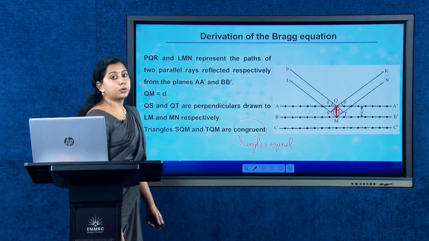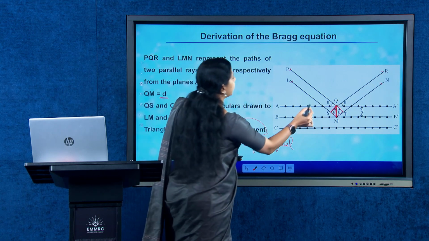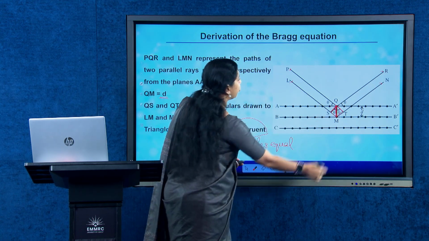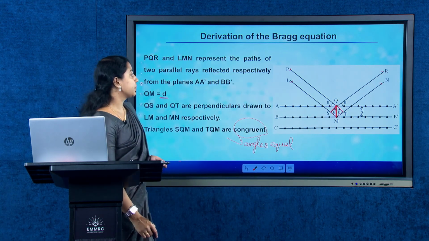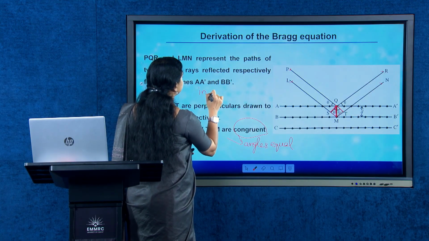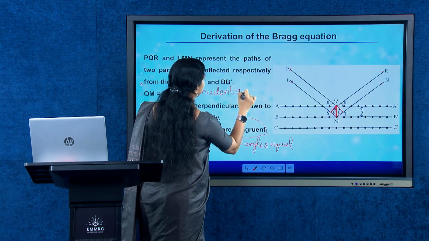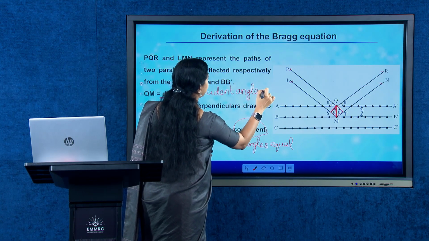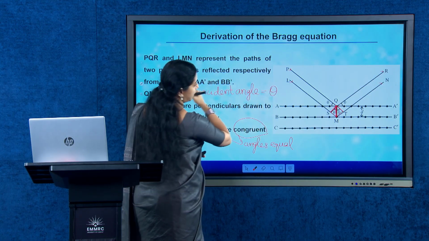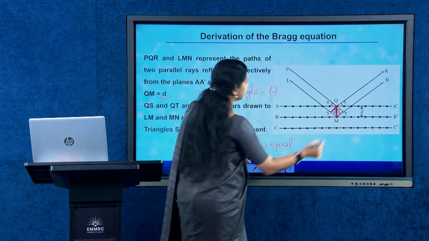So, they are called congruent triangles. Okay. Now, when the X-rays fall on the crystal surface, we can see that the incident angle is equal to theta, and that theta is marked here. Okay, the incident angle is theta.